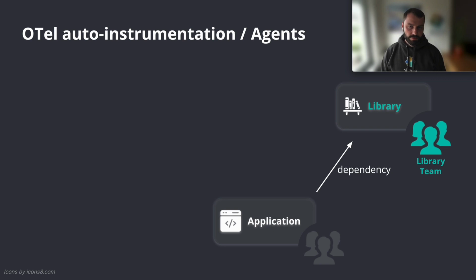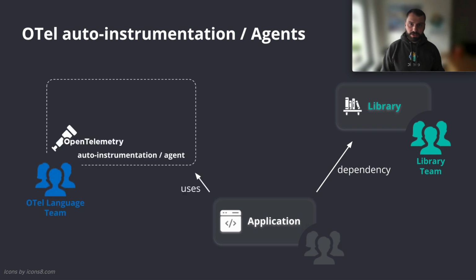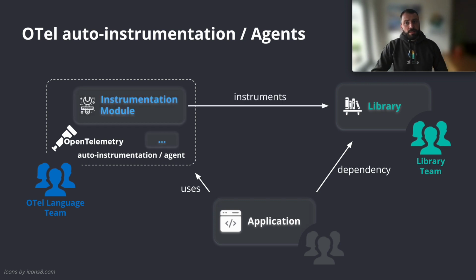Let me illustrate to you the problem. You, as an application owner, include dependencies to libraries that are owned and maintained by the third party. Let's call that third party the library team. In addition, for observability purposes, you include an OpenTelemetry instrumentation agent. The OpenTelemetry agent is owned and maintained by the OpenTelemetry language team.